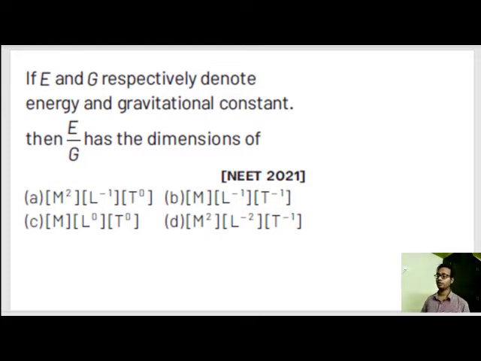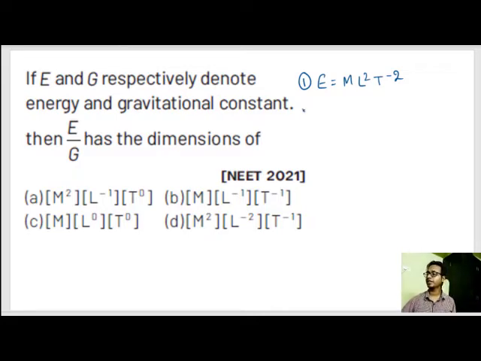Okay. So in multiplication and division, the units and dimensions get multiplied and divided. So E is energy. We know the dimension of energy: m L square T minus 2.